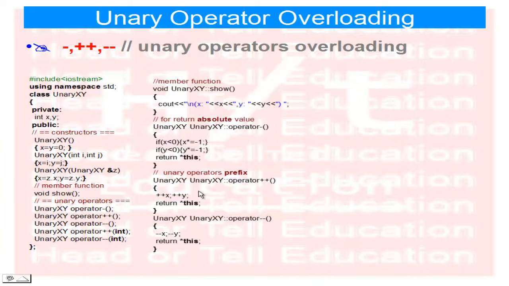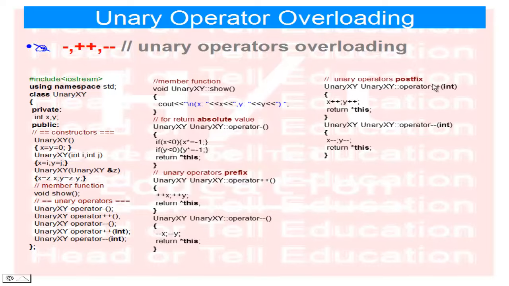Okay, next, operator minus minus overloading. So this is the same, the return type is the unary xy class, and the private variables x and y are decremented, and return the current object value. Okay, next.